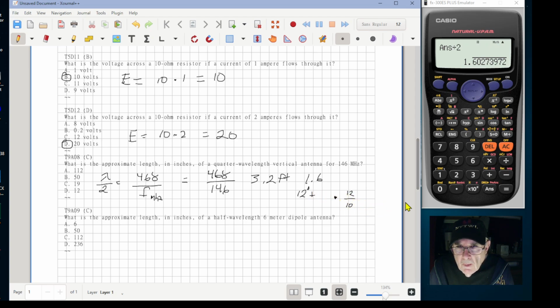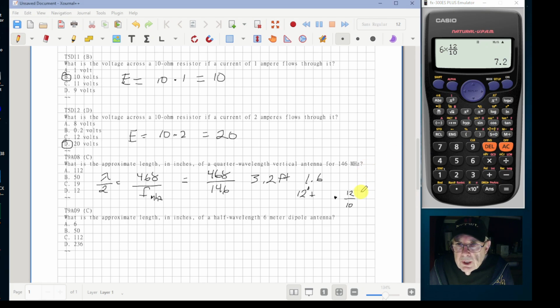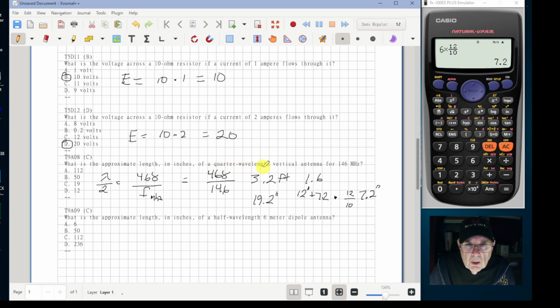So 6 times our fraction of 12 over 10, and yes, you can reduce the fraction first if you want, and we get another 7.2 inches. So if we add 7.2 inches here, we get 19.2 inches is the length of a quarter wave.